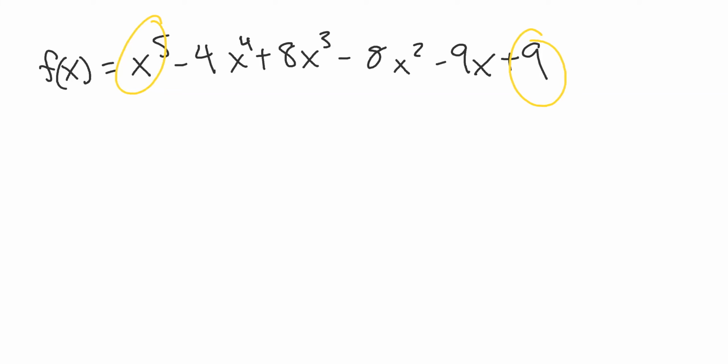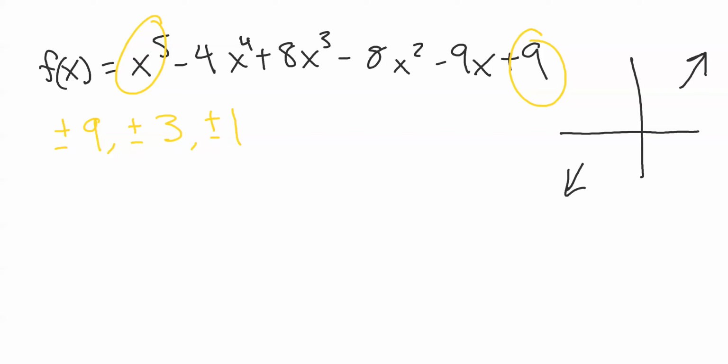Our only rational roots are going to be plus or minus 9, plus or minus 3, and plus or minus 1. All right. We also know that our end behavior, since we are 5th degree and our leading coefficient is positive, is going to be negative as we go to negative infinity and positive as we go to positive infinity.